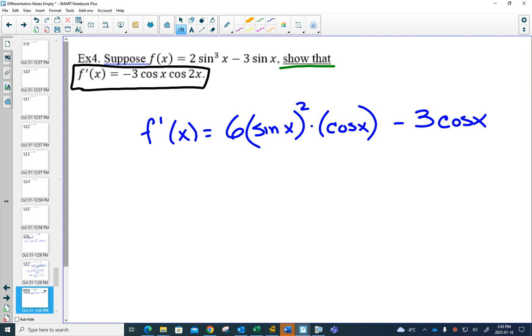Things that are not allowed in a show that question, you can't use the end before you get there. You can't assume that it works and then make it work because you assume that it works. It's like a proof that only goes one direction. You have to start with this, manipulate this until you get this.